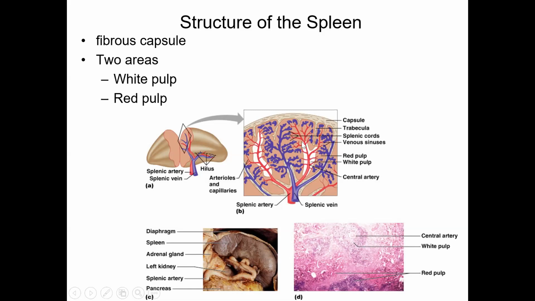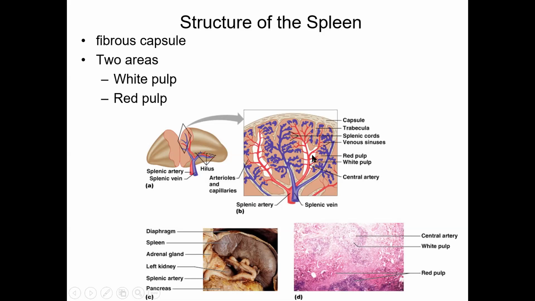And then along this artery, you're going to have two significantly different parts. One is this white area, called the white pulp. And the rest of it is called red pulp. It is called red pulp because there is blood over there to give the red color.